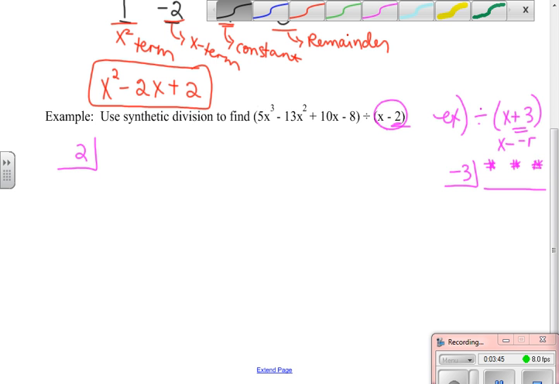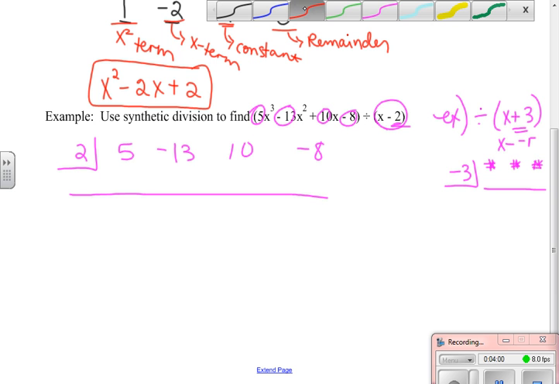So what are my coefficients? 5, negative 13, cubed, squared, x is 10, my constant is 8. So I have 5, negative 13, 10, negative 8. Draw your line. First term comes down. 2 times 5 is 10. Add negative 3. 2 times negative 3, negative 6.